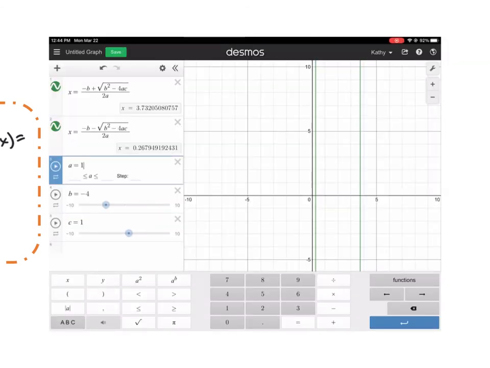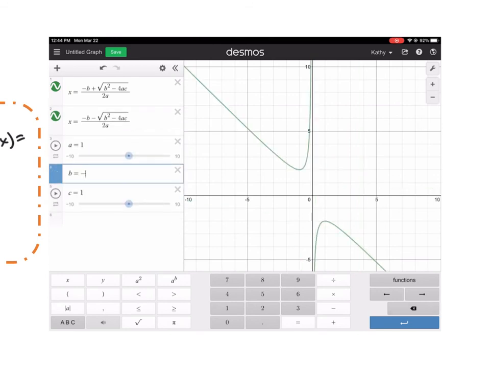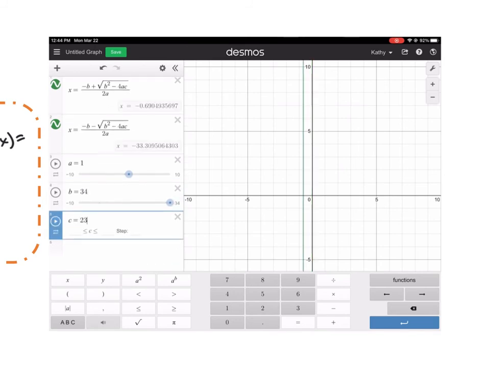So if we change these numbers to 1 and 34 and 289 for A, B, and C, something cool is going to happen. You have negative 17 for both the plus and the minus version. That's totally okay. This has one solution called a repeated root since it repeats.